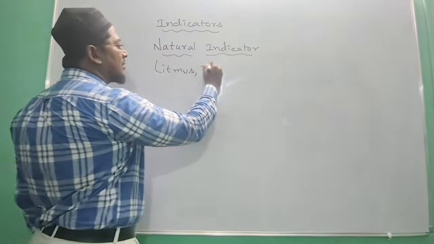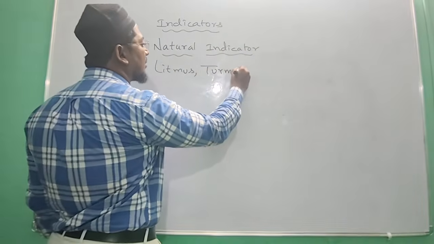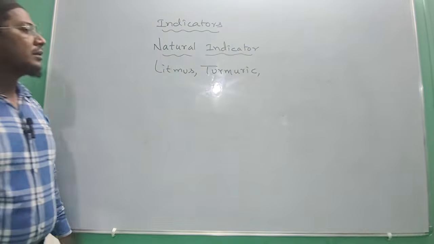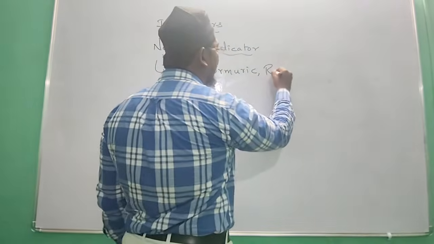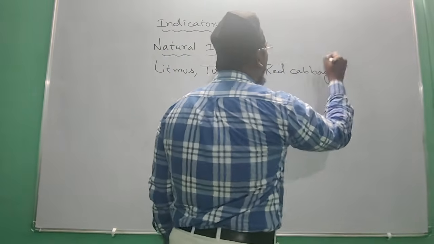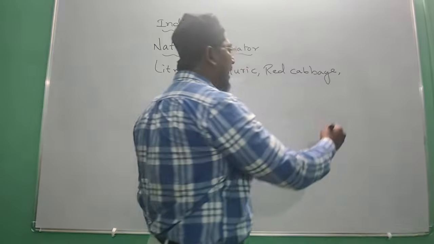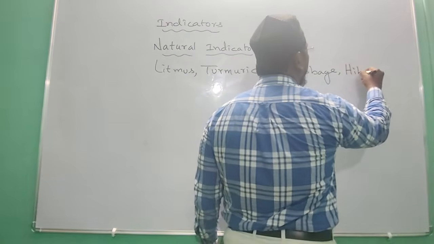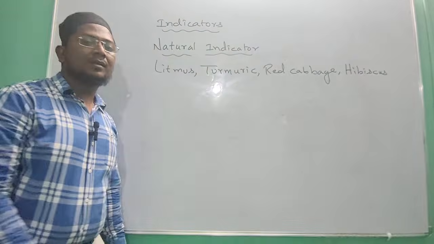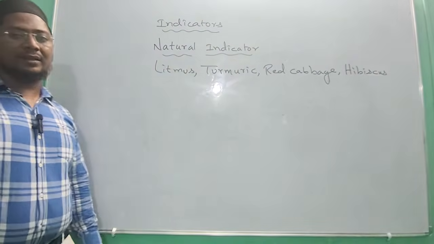The second one is turmeric. The third one is red cabbage. The fourth one is hibiscus. These four are known as natural indicators.